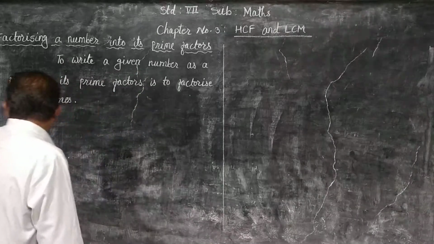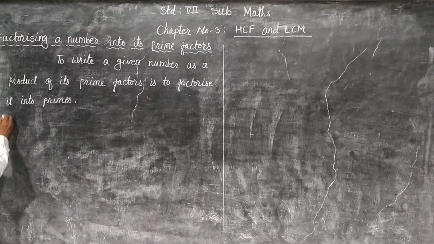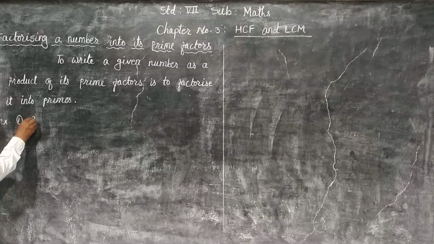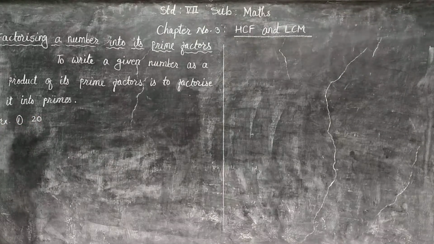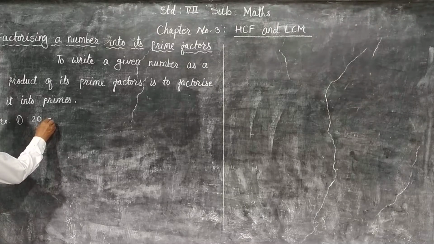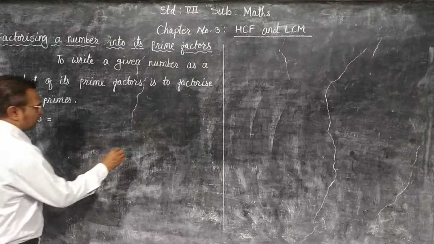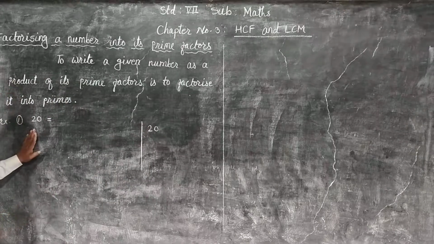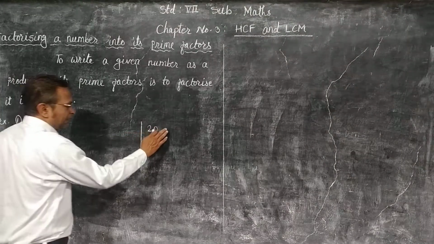Okay. Let's see the first example, 20. How do we factorize? There are two methods. It is the horizontal method and the vertical method.